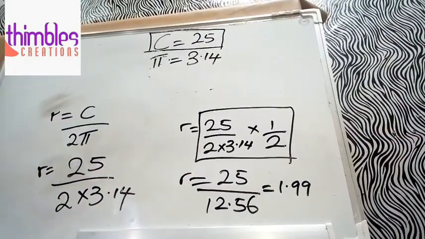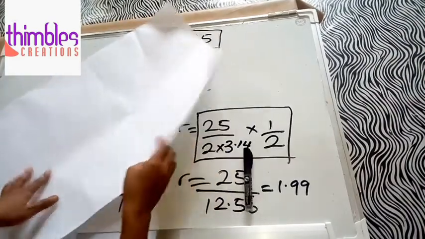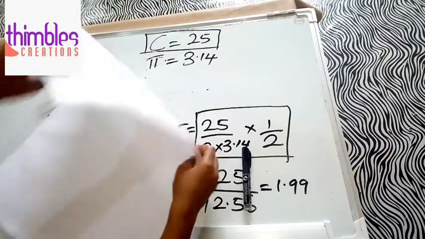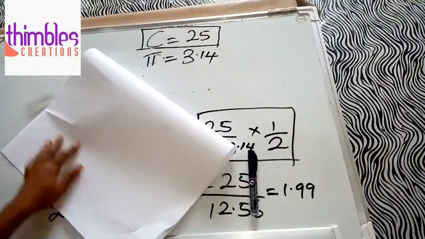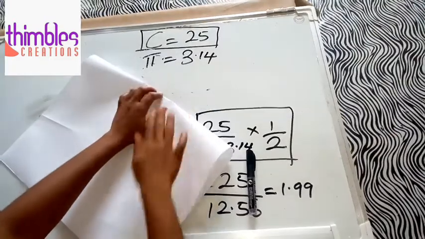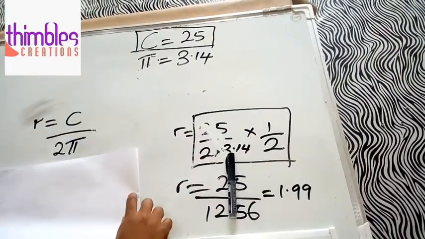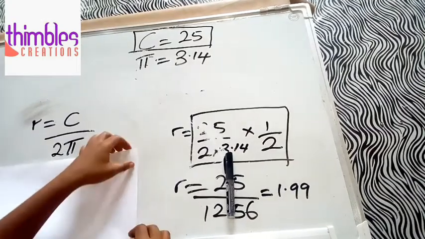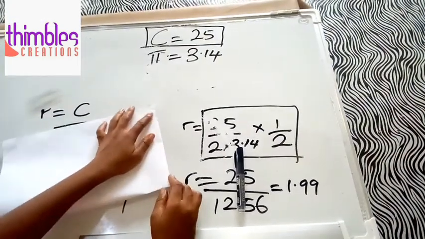How do I cut it? I'll get my paper and fold it into 2, and fold it again, just as I want to cut my 360 degrees flay.